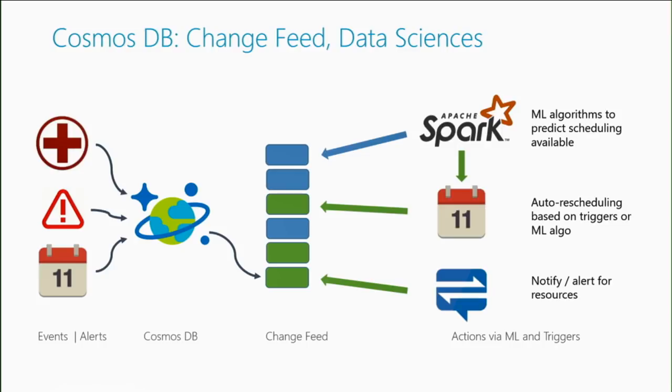So this is talking a little bit about how you can have a lot of the events, the alerts, all pump data into Azure Cosmos DB. Once again, you can leverage that change feed functionality to get real-time notifications, alerts. You can have the automatic rescheduling based off of what is happening in terms of the alerts, as well as the different events that are being pumped into Azure Cosmos DB. And then you could have ML algorithms to help predict the scheduling availability, help the coordination.